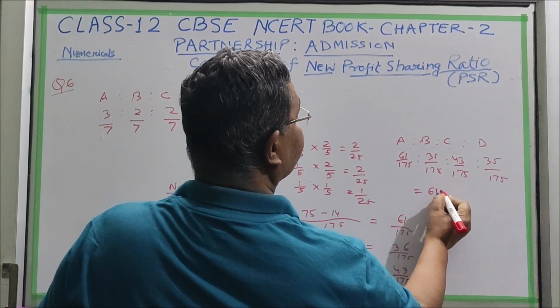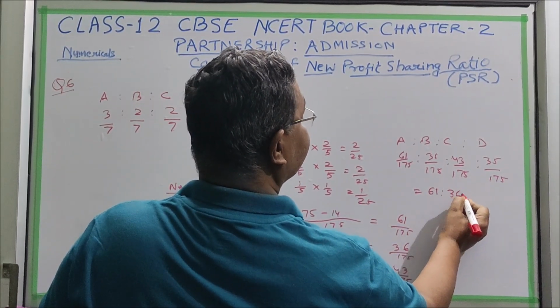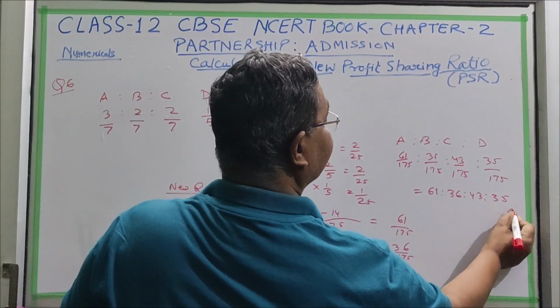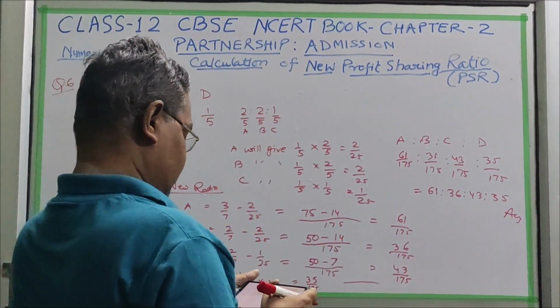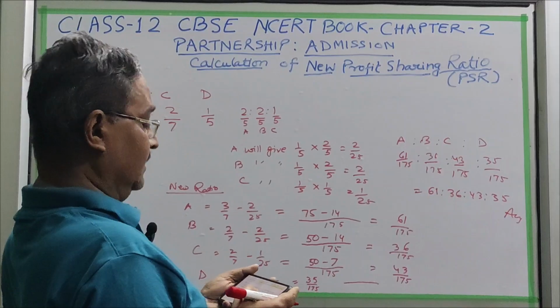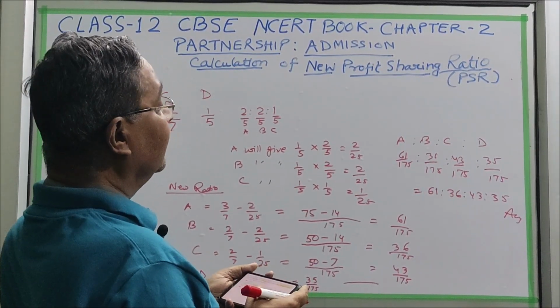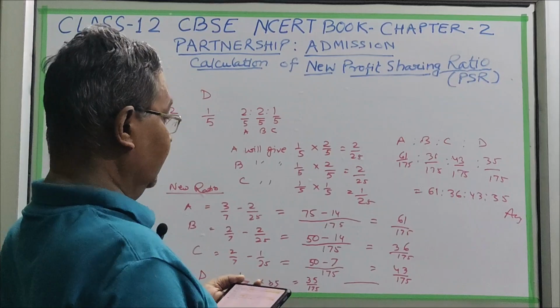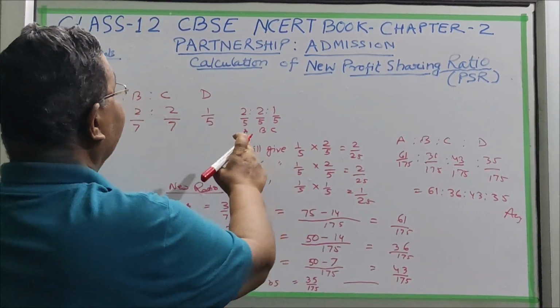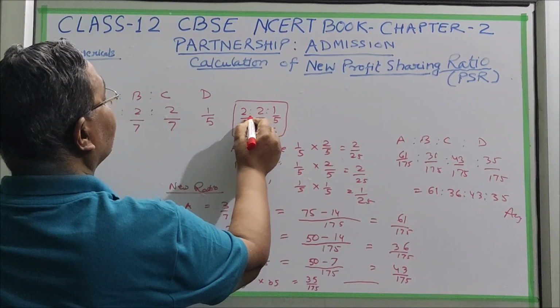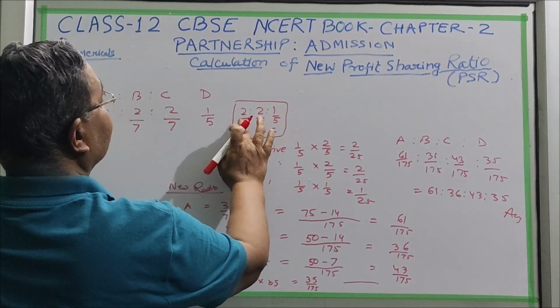So their ratio 61 is to 36 is to 43 is to 35, and this is your answer.